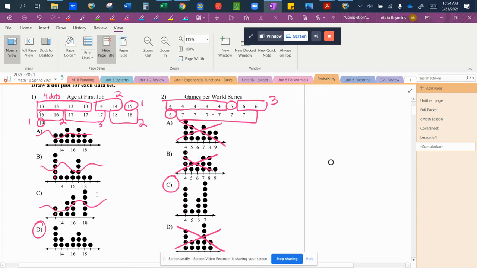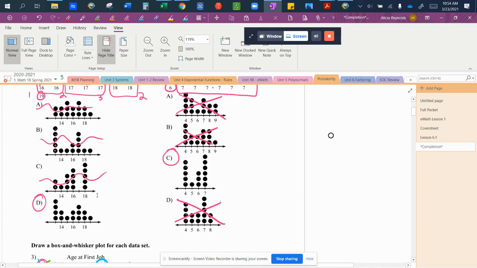If you're looking at this on your computer, don't just go to the last one and say, okay, D has to be the right answer. You have to actually look at it and match it. Number 1's answer has 4 dots under 13. Number 2's answer has 5 dots under 4. That's how you need to make sure that we're finding the right answer. Does that make sense?